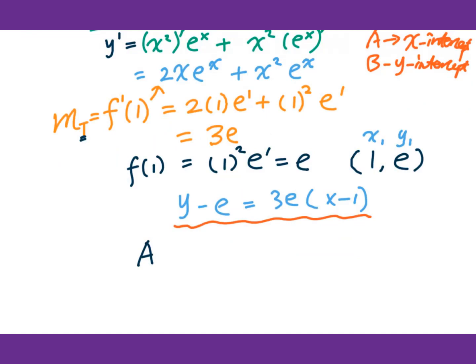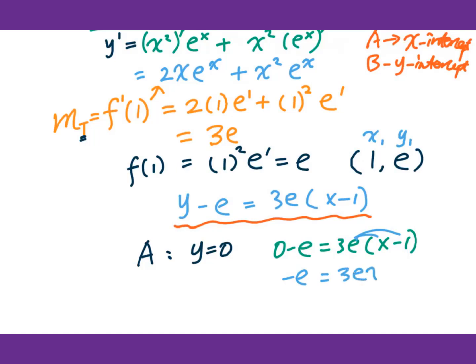For A, the x-intercept, I have to set y equal to 0 to solve for x. So you get 0 minus e equals 3e times (x minus 1). Negative e equals, using the distributive property, 3ex minus 3e.